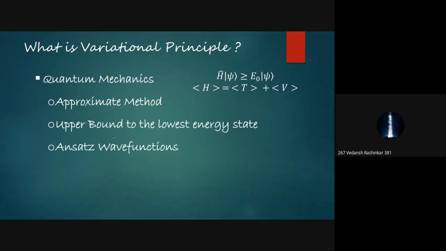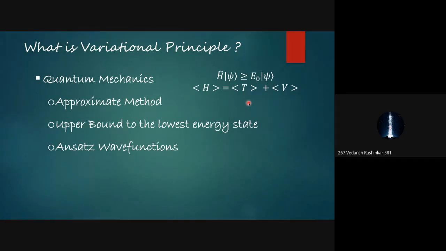These wave functions are dependent on one or more parameters, and these parameters are varied, hence the name variational principle. Naturally, based on the eigenvalue equation, H psi equals E psi, we find the energy expectation value in terms of the parameter using H equals T plus V, where T is the kinetic energy term and V is the potential energy term.